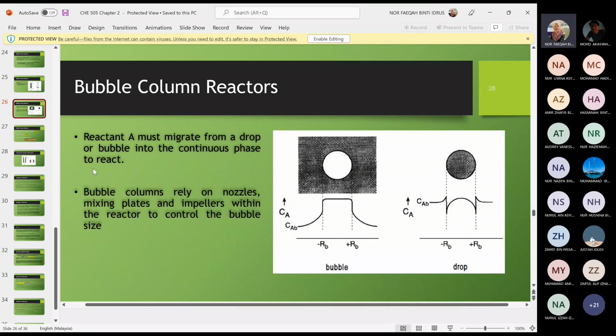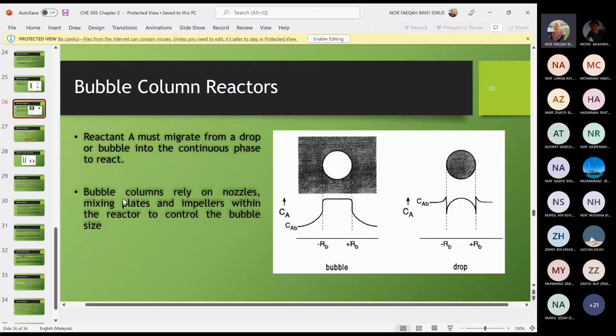So yang ni tadi yang saya cakap how the mass transfer occur. Okay, reactant A migrate from a drop or bubble into the continuous phase to react. Continuous phase ni kalau reaction occur in liquid phase, so the continuous phase is the liquid itself.